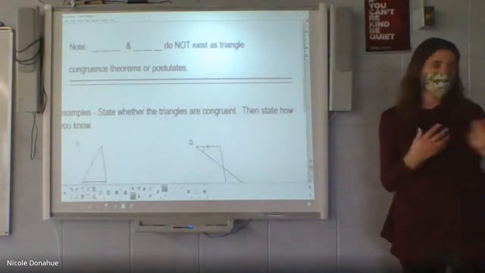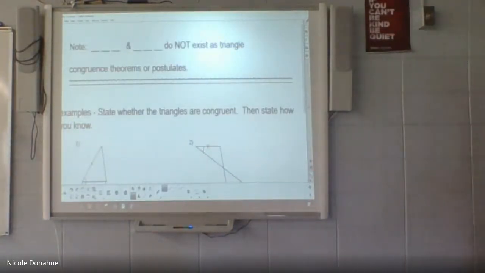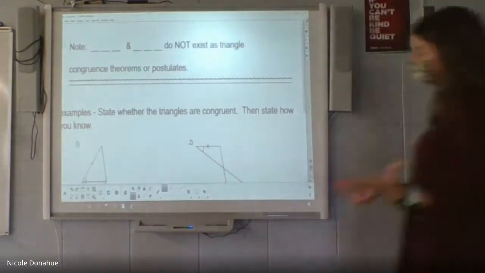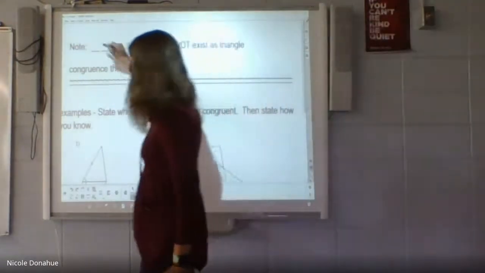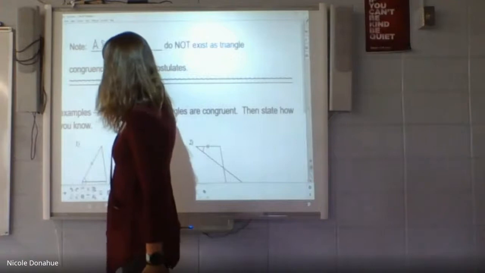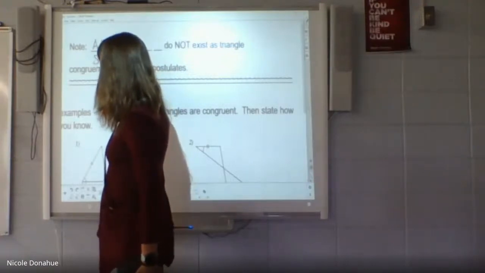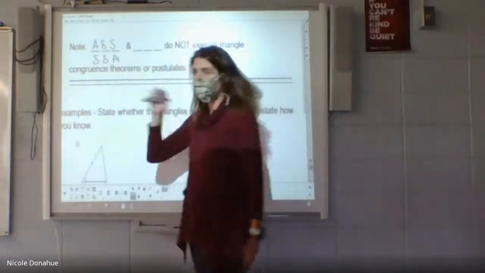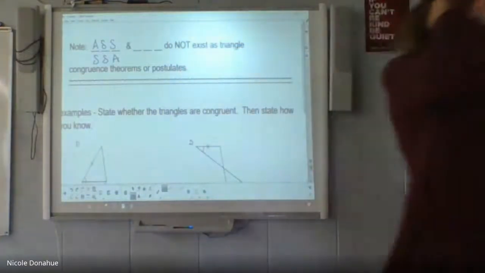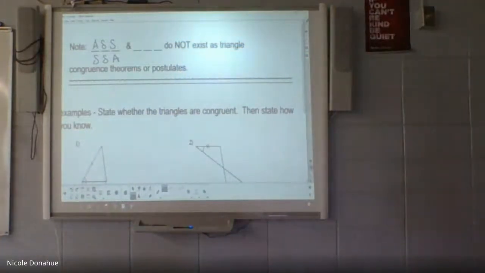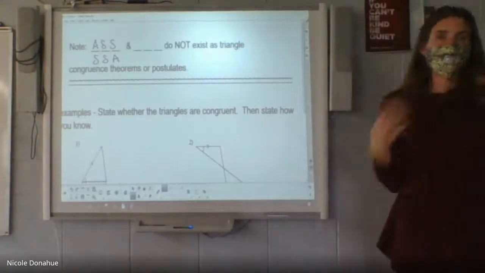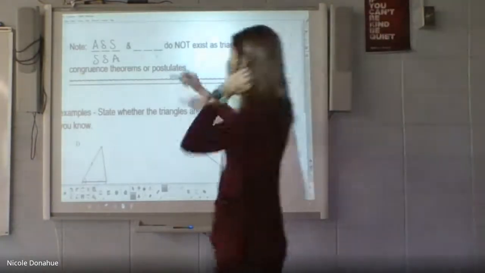All right, so just a reminder that there's two rules that don't work. One of them, this one. You can also write it this way, just so you guys know that also doesn't work. So yeah, it's okay to write that in there. You can say that doesn't work. The other one we haven't mentioned that doesn't work is angle, angle, angle.